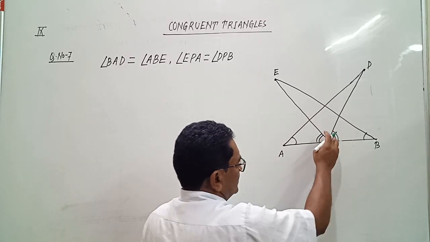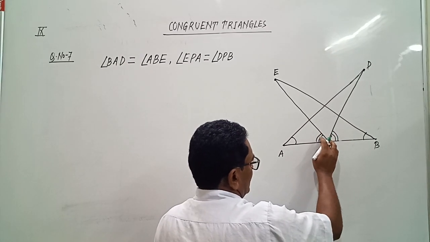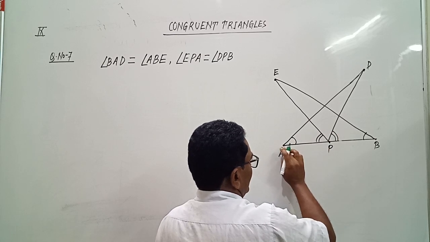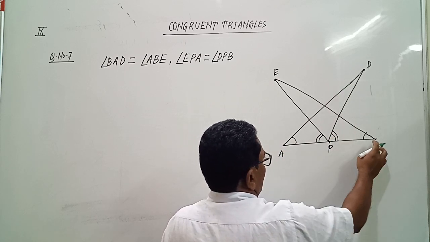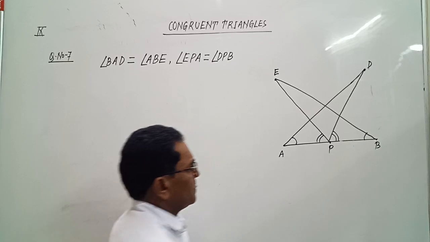When we add this common angle to both the angles, then it becomes APD and BPE.